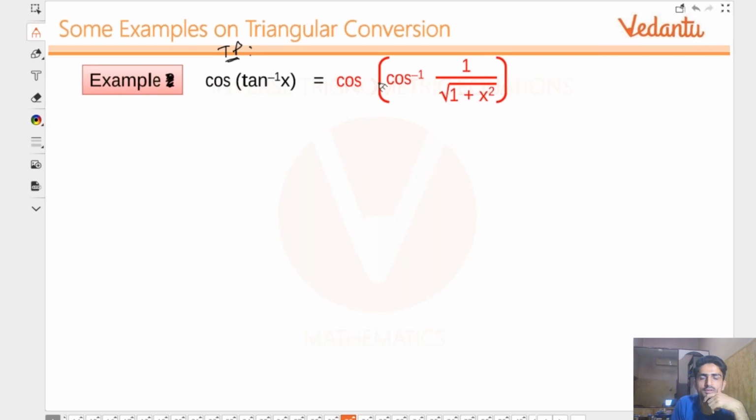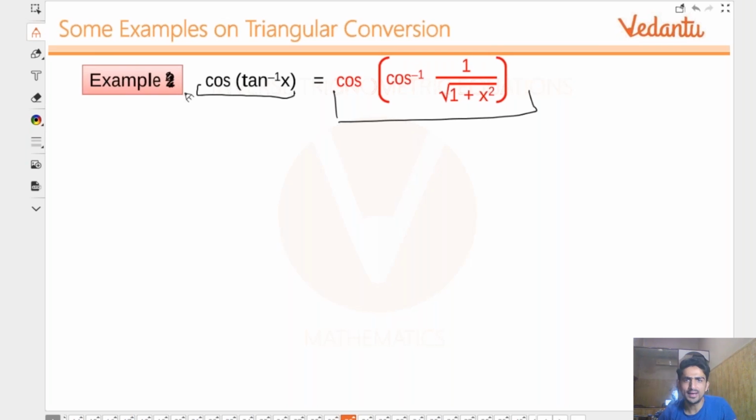To prove this is equal to this. As such, do not take it as a question. I want to explain something else through this. Here I have mentioned that cos of tan inverse x is equal to cos of cos inverse this. I have given you a statement that it happens. What I am trying to convey.